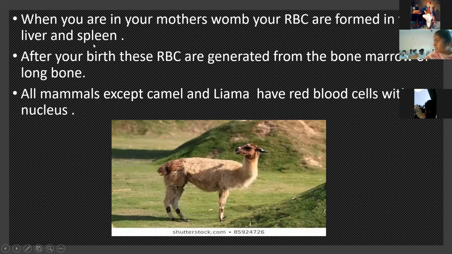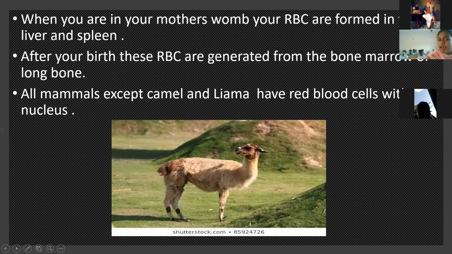Next, after birth, these RBC are generated from the bone marrow of long bones.